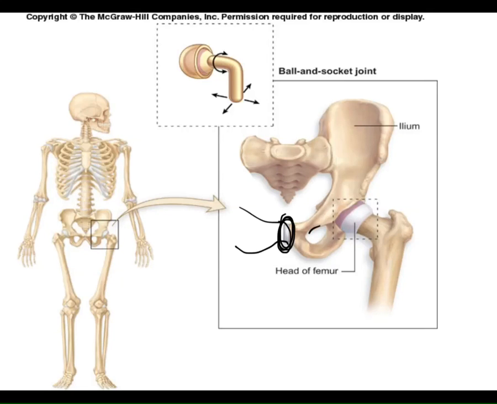What is this opening? Obturator foramen. Obturator foramen. The openings on the sacrum, dorsal sacral foramina. The top of the ilium, iliac crest. Yeah, there we go.